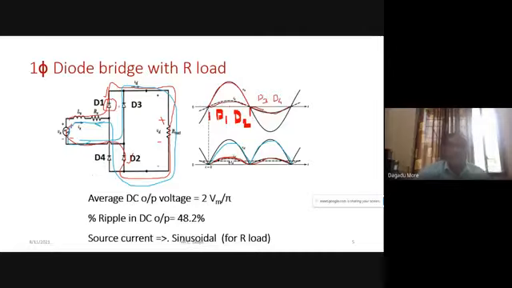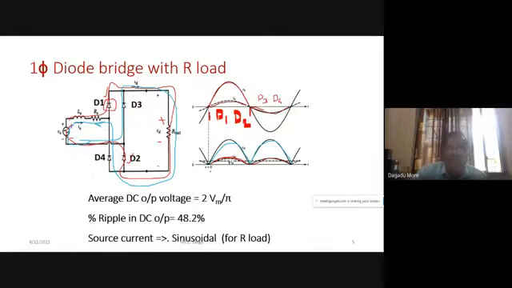We have seen that the supply voltage and source current are in phase, and the current is sinusoidal. So that is one conclusion we can draw. Whenever we have a single phase diode bridge with a resistive load, the source current is sinusoidal and in phase with the voltage. That is an important conclusion we can draw from our discussion.